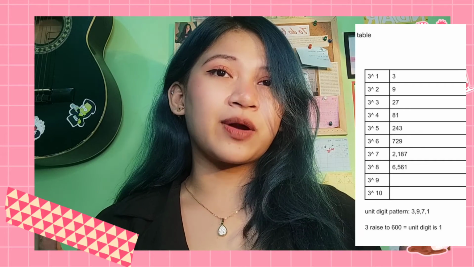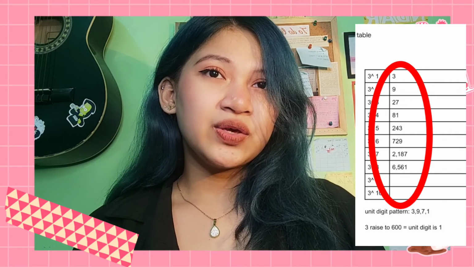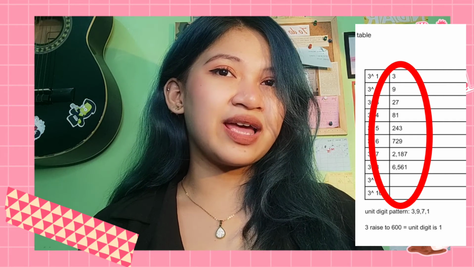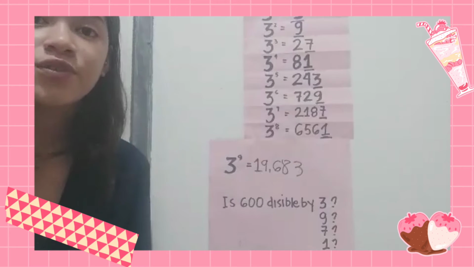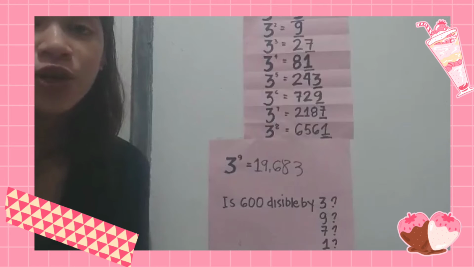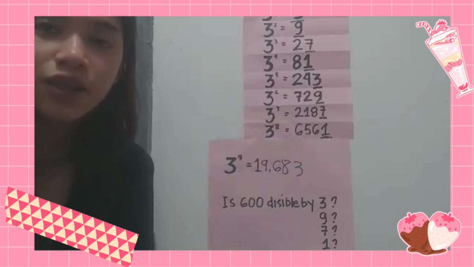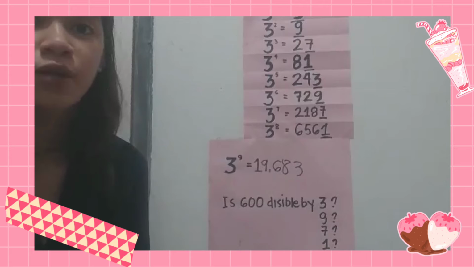If we're going back to the problem, we are looking for the unit digit. If you look at the left side of the table, and observe the ones digit, each of the answers ends with 3, 9, 7, and 1 being repeated. So, even if we haven't solved for 3 raised to 9, we can easily predict that its units digit is 3, because the pattern repeats every multiple of 4.